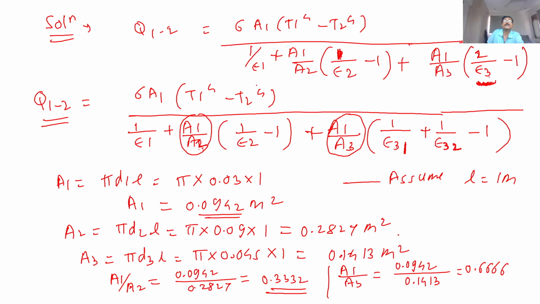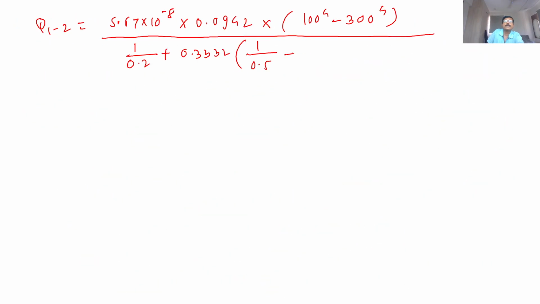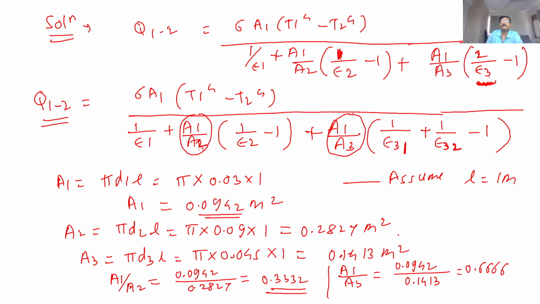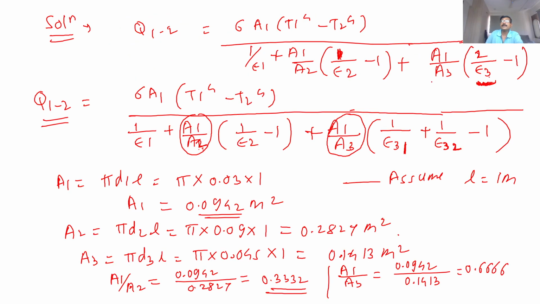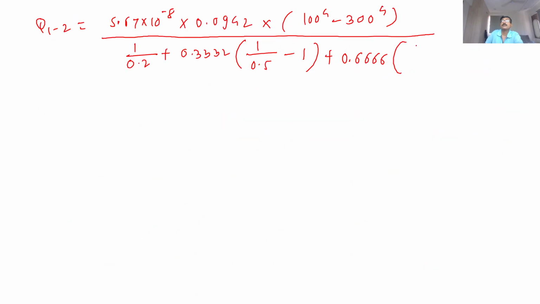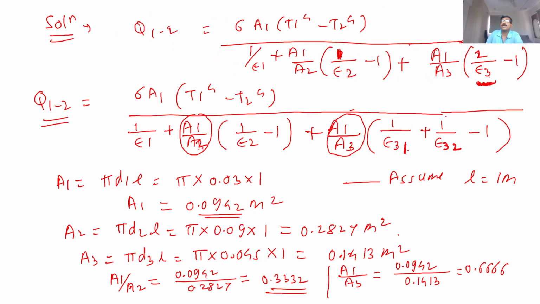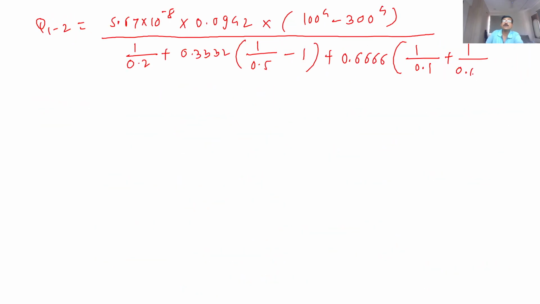Epsilon 2 is 0.5, minus 1, plus A1 by A3, 0.6666, times the split term: 1 by epsilon 3 towards surface 1, 1 by 0.1, plus 1 by epsilon 3 towards outside surface 2, 0.05, minus 1.